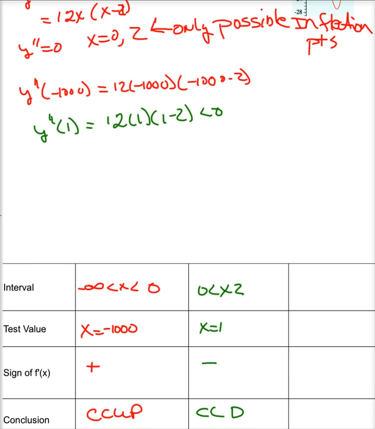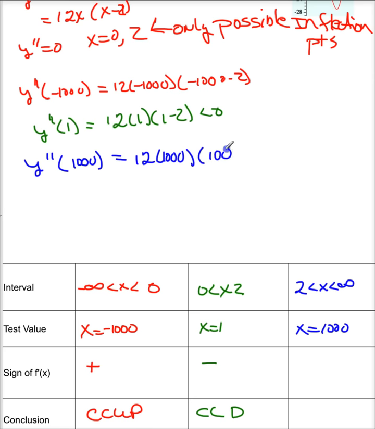Our third interval is from 2 to infinity. And let's pick x is 1,000. In which case, the second derivative at 1,000 is 12 times 1,000 times 1,000 minus 2, which is positive.